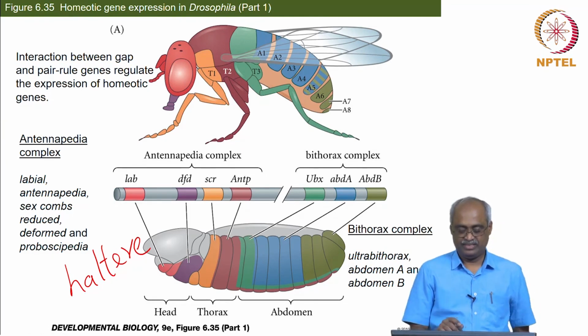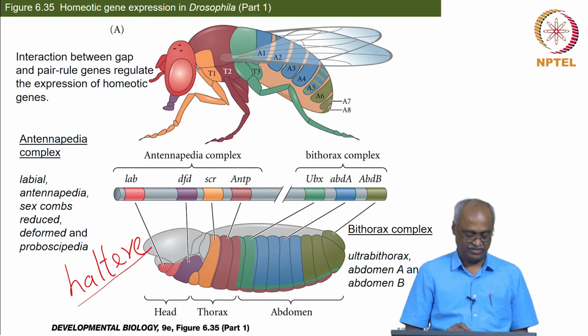So, this is the way thoracic segments form structures. All of them form a pair of legs each. The second one alone forms wings, and the third one, instead of wings, forms this structure called halteres, two of them, so it is plural.